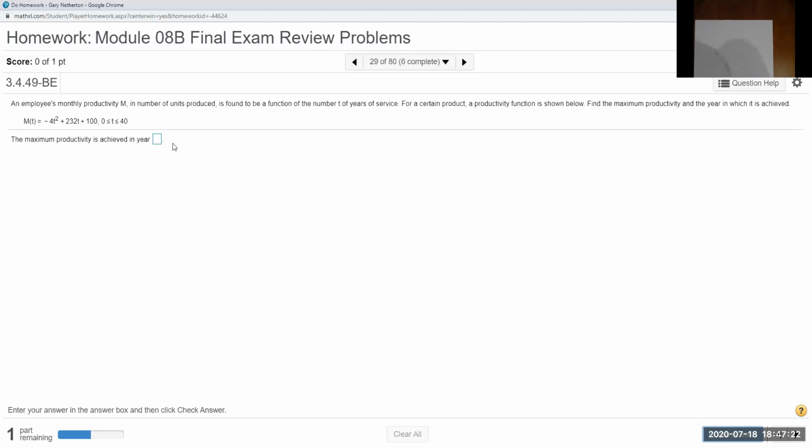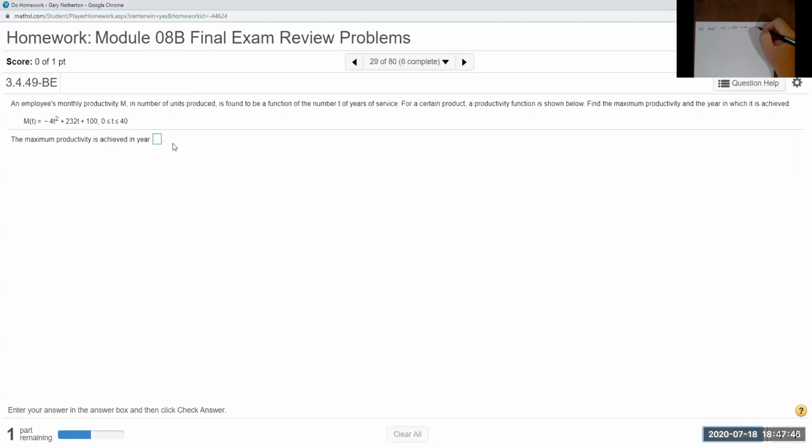So this is number 29. M of t equals negative 4t squared plus 232t plus 100.